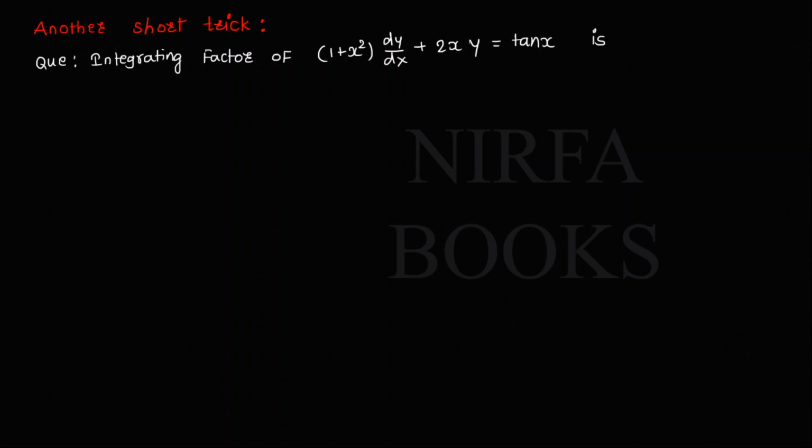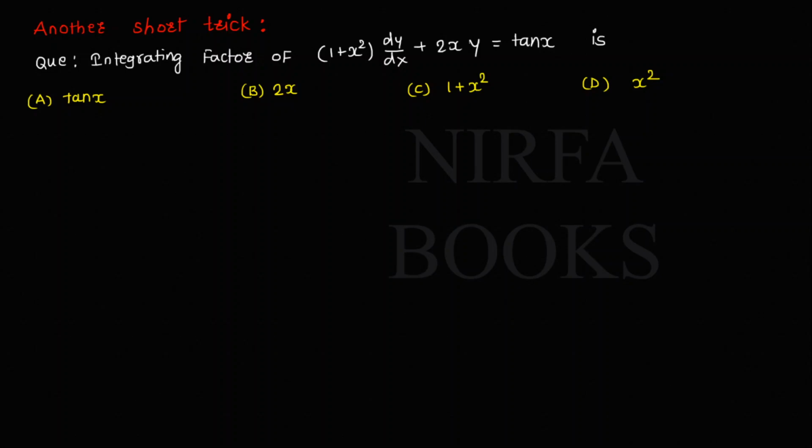But to use this method, we need its 4 options. Remember, these methods we can use only in MCQ questions, multiple choice questions. The first option is tan x, second option is 2x, third option is 1 plus x square, and fourth option is x square. So how to decide which option will be the correct answer?